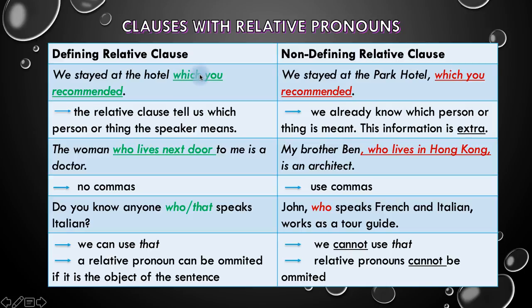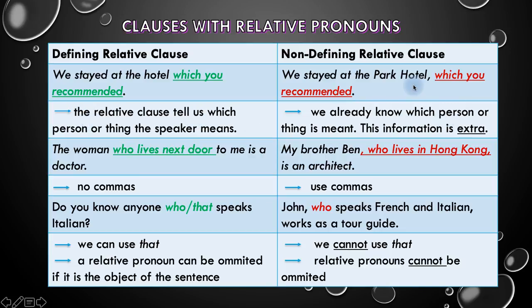Yeah. If we don't use this part, we won't understand which hotel we stayed at. But look at this sentence here. We stayed at the Park Hotel, which you recommended. Now we have the name of the hotel here. We already know which hotel they stayed at. And which you recommended is something extra. This information is extra because we understand from the main clause which hotel is being spoken about.